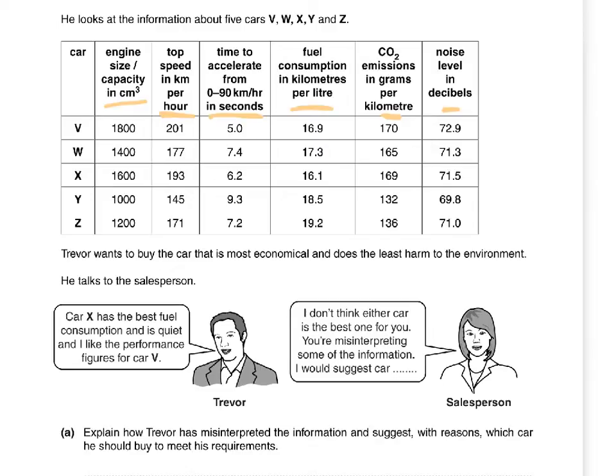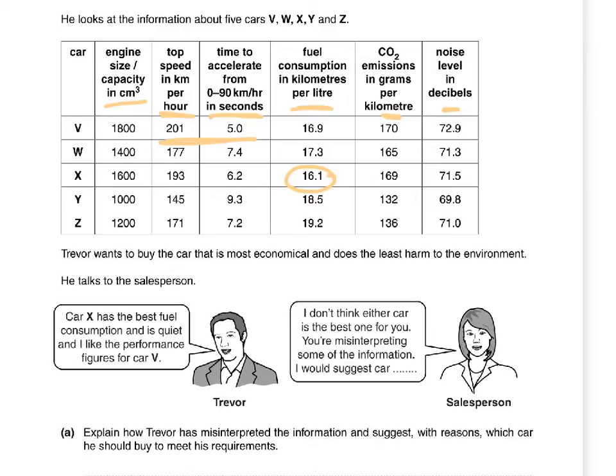Car X has the best fuel consumption and is quiet, and I like the performance figures for car V. Okay, so Trevor is saying that car X has the best fuel consumption and he likes the performance figures of car V, which are these basically. The top speed, he likes the fact that it goes at 201 kilometers per hour and that it can do 0 to 90 in 5 seconds. Okay. And then the salesperson says, I don't think either car is the best one for you.